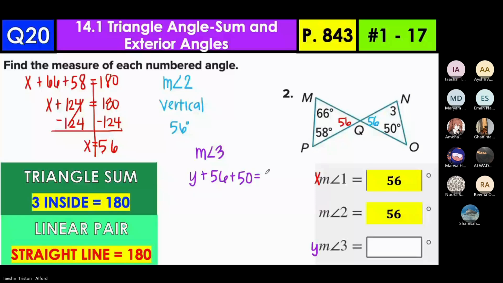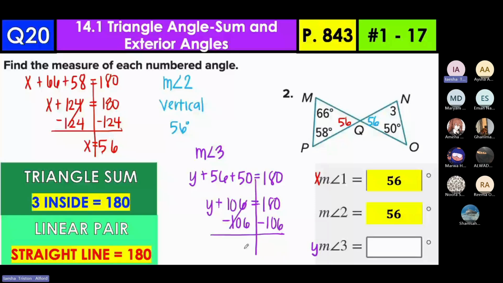Then clean. y plus 106 equal 180. Subtract 106 from both sides. This is 0. Y is what? 74. And make sure you go back and put it in your picture.